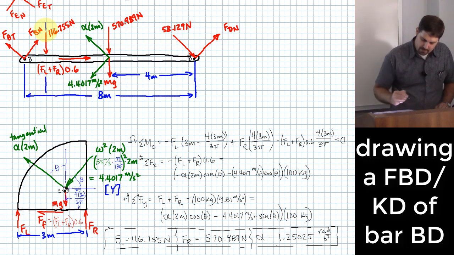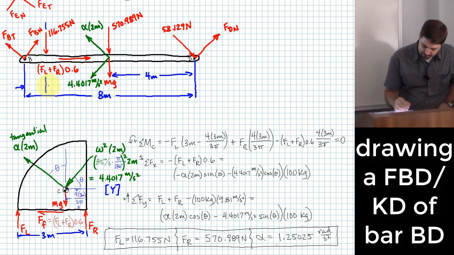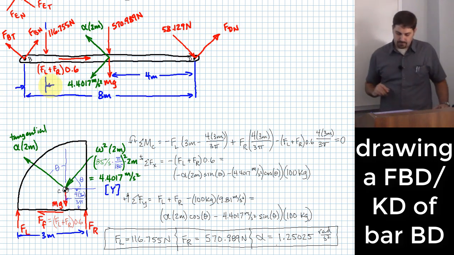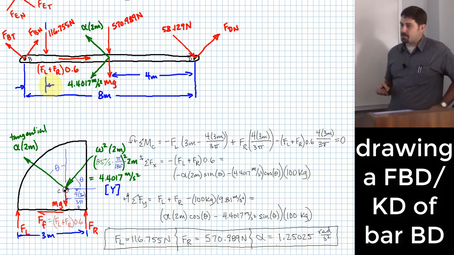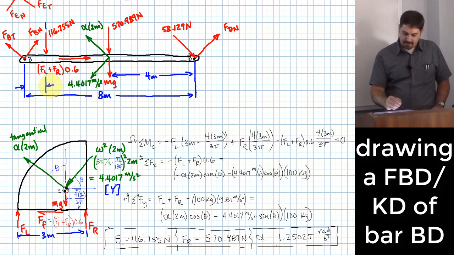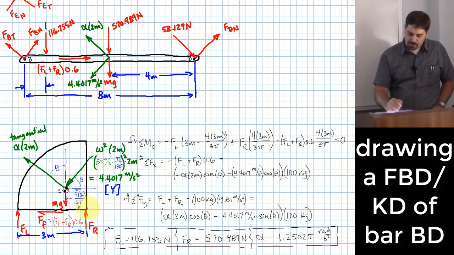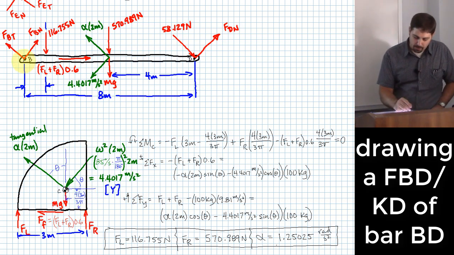Kind of that left force. What's that length? Well, this is a quarter circle where the radius is 3 meters. And if it's 4 meters from the left end to the middle, and if the right edge of the quarter circle lines up with the middle, then that means I can take basically 4 from B to the middle of this beam, subtract 3, and that tells me this is just going to be equal to 1 meter.